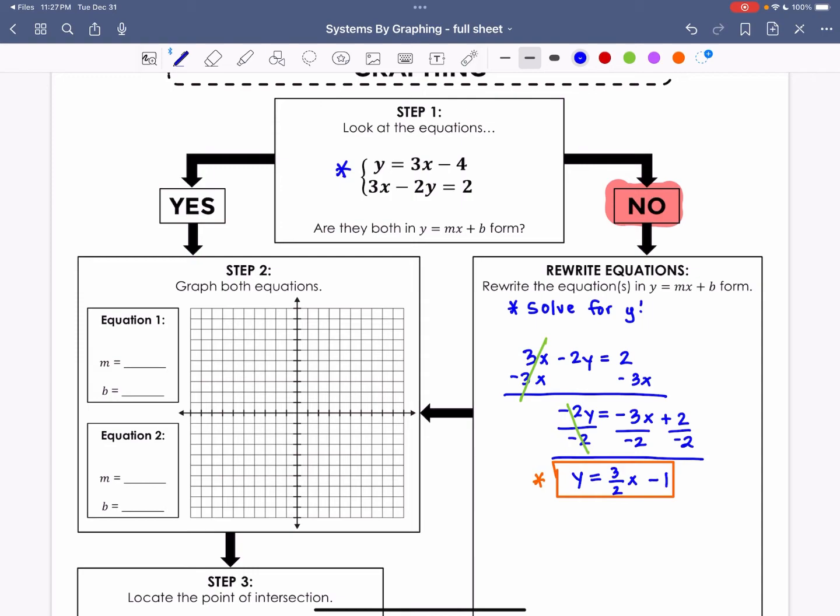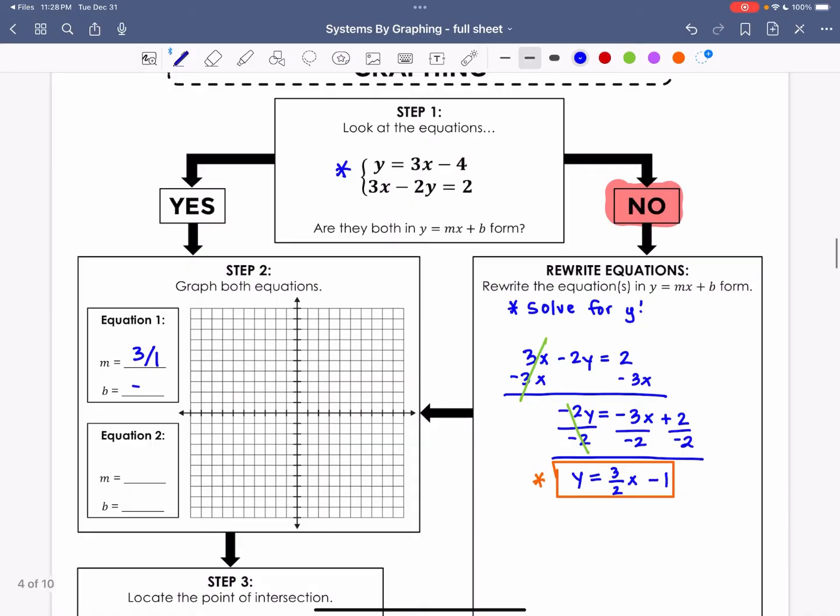All right, so we took a little detour to do some rearranging, but now we are ready to go to step 2, which is graph both of these equations. So from the original, the one that had no issues up top, this one, the y equals 3x minus 4, our slope was 3, which is 3 over 1 as a fraction.